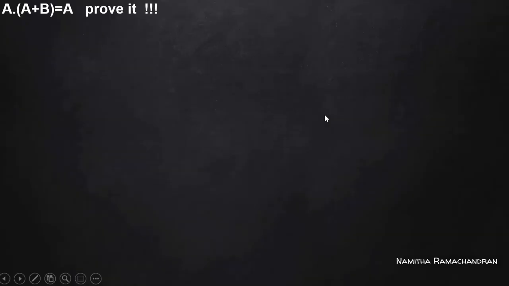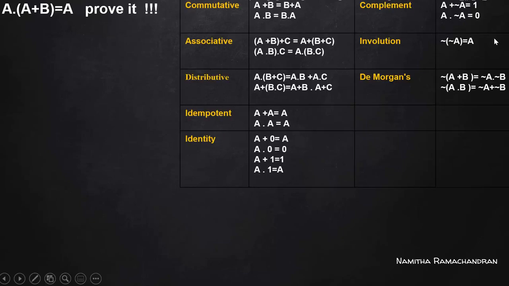Consider this example. This one is the first portion of our absorption law, that is A and (A or B) equal to A. We need to prove it. So using the remaining laws, we can prove it. Or we can say in either way, this particular one is actually derived from the remaining laws.